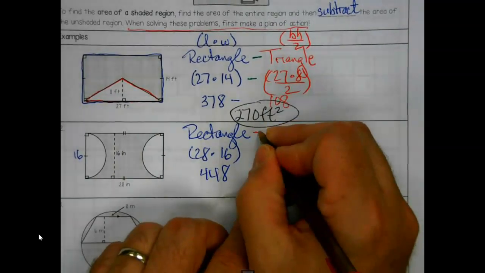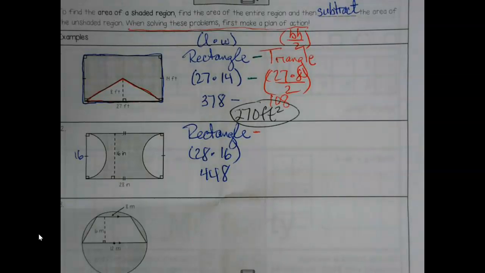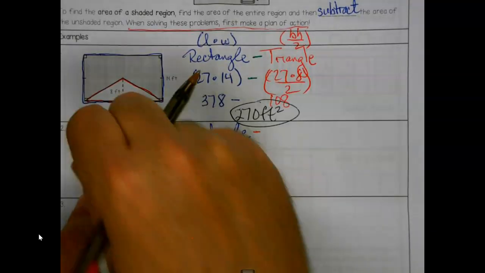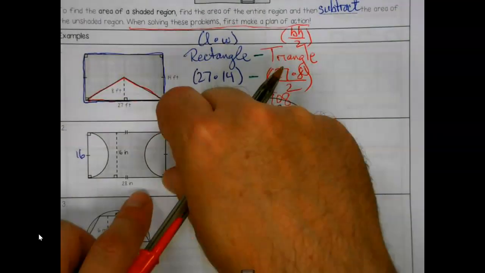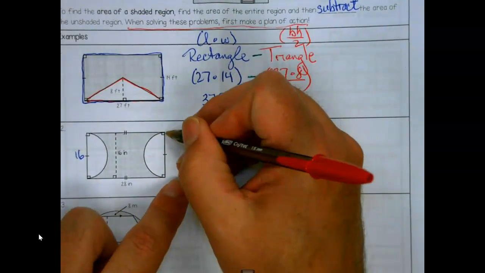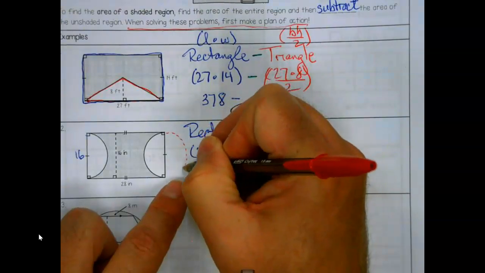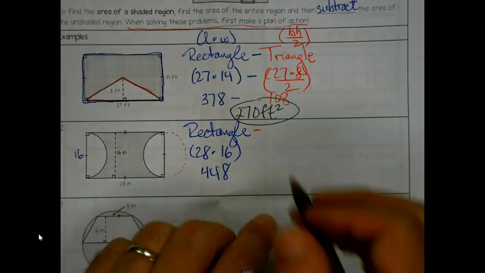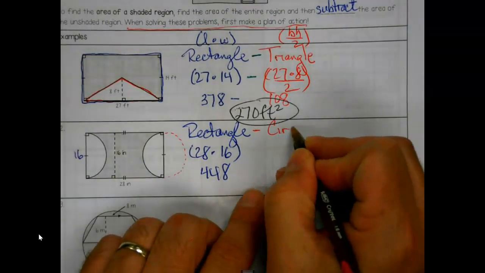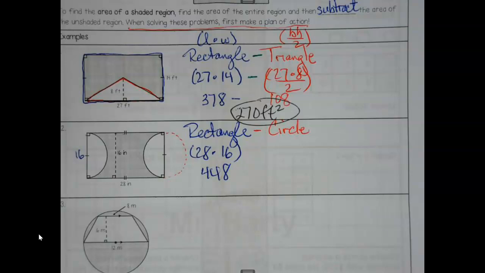Now this is an interesting strategy to take on next. If I could physically pick this up, I swear I wish I had a mini Post-it, and put it over here, I'd have a circle, right? I could do 2 half circles, but again, I don't want to do more work.